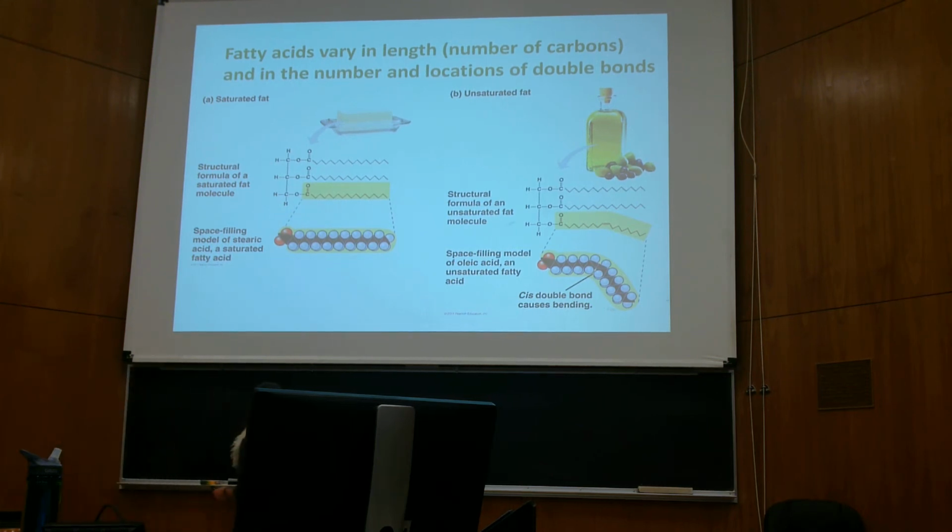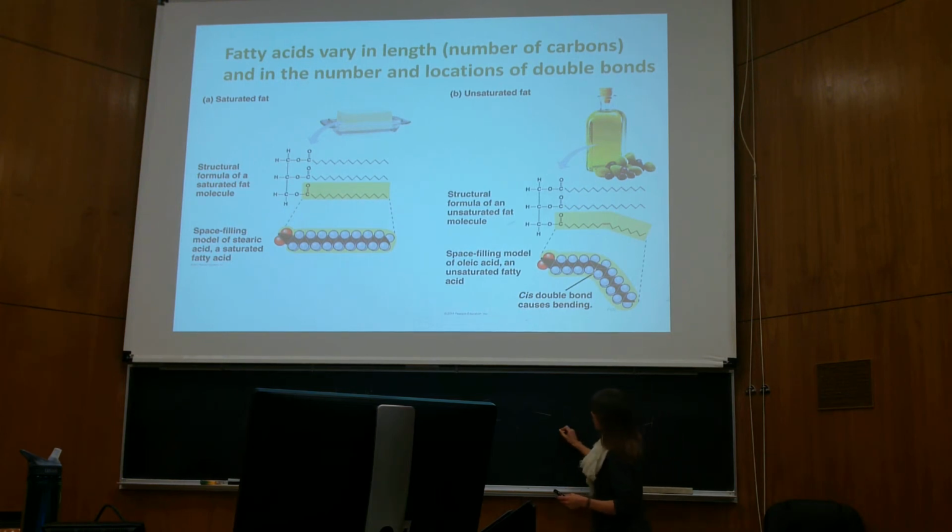And where this double bond occurs, if we have the same number of carbons, so if I have a fatty acid that's 5 carbons long, there's going to be hydrogens off of every one of these, right? Carbon bonds with 4 on each side and so forth. And then we have one over here, 1, 2, 3, 4, but there's a double bond here, right? And there's hydrogens.